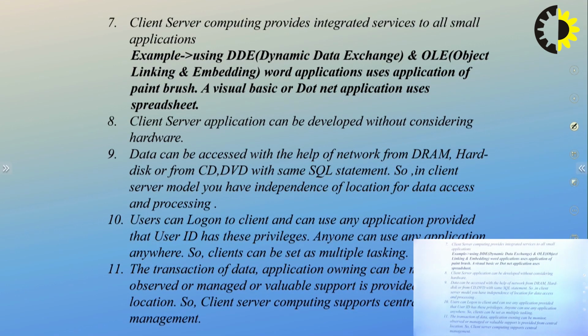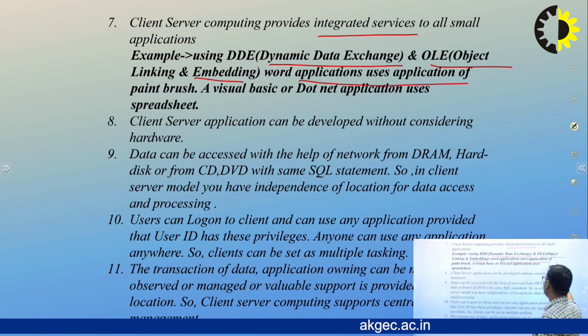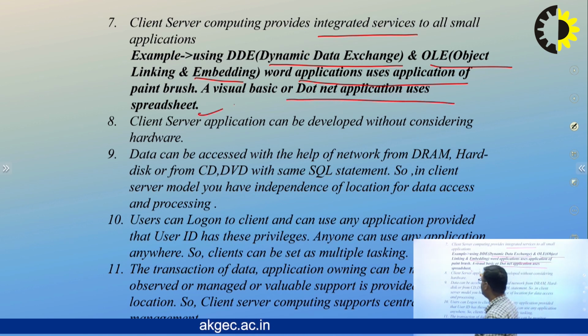Next point, client server computing provides integrated services for all applications. Suppose, for example, using DDE, dynamic data exchange, and OLE, object linking and embedding: a Word application uses the paintbrush application, and a Visual Basic or .NET application uses the spreadsheet. These are what client server computing provides.